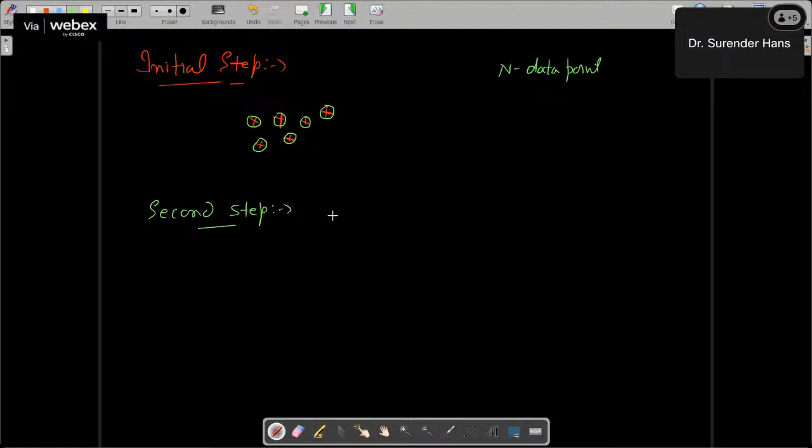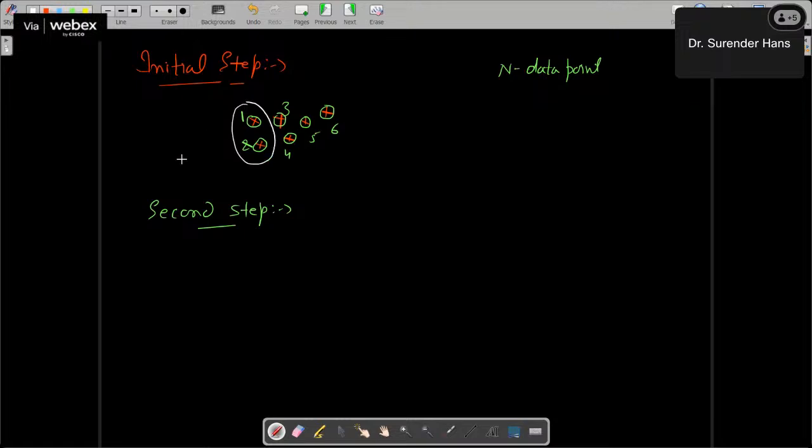Clear? Let's say this is the first data point, then second, third, fourth, fifth, and sixth. For example, the distance between the first and second data points, compared to first and third, first and fourth, first and fifth, and first and sixth, is the minimum.